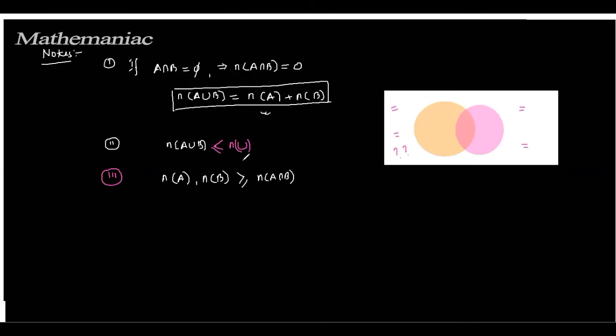Right? It is very clear. Common cannot have more elements than the individuals. Right? So these three are very important notes which we actually need to do the problems.